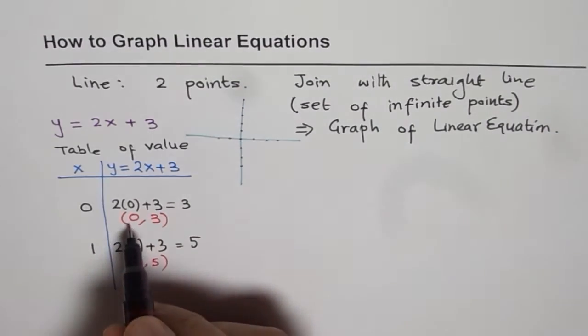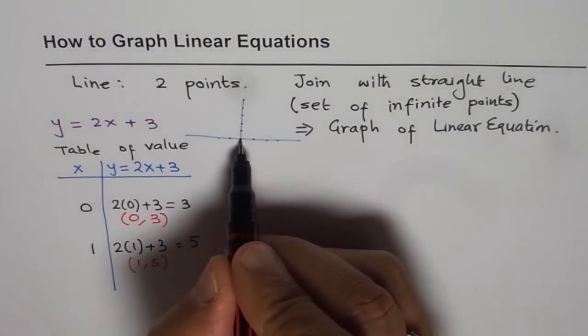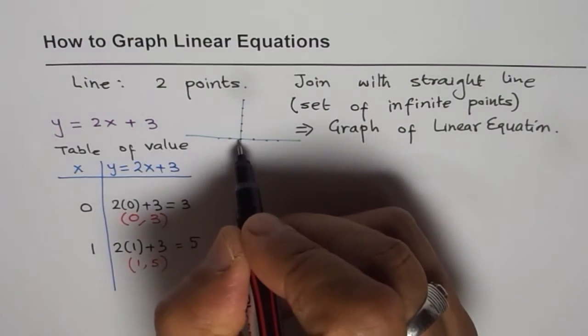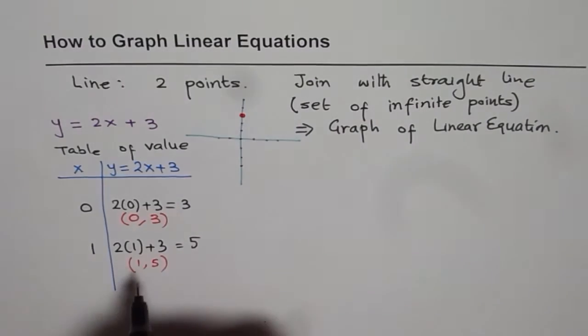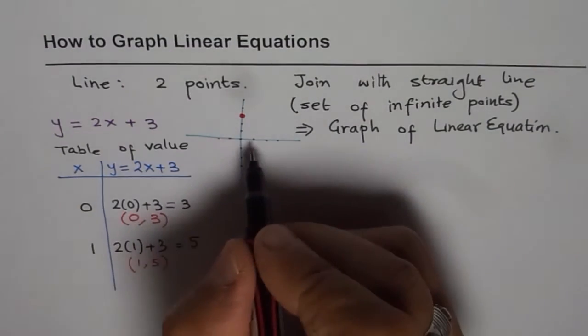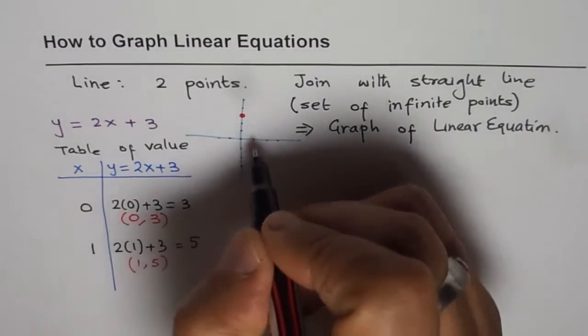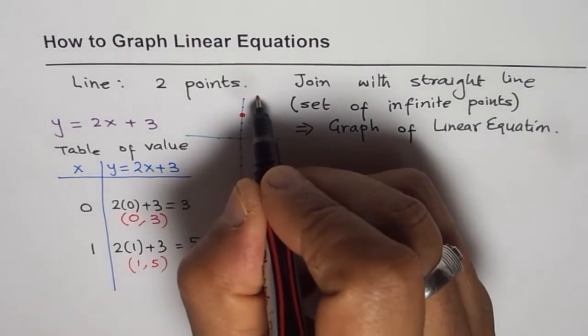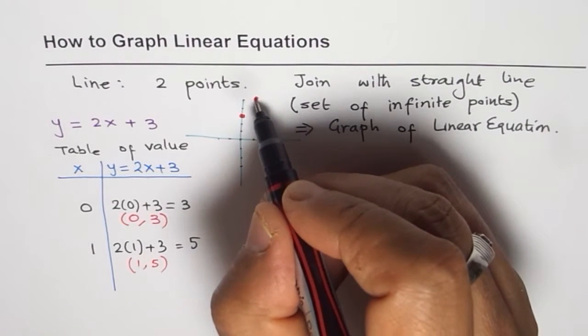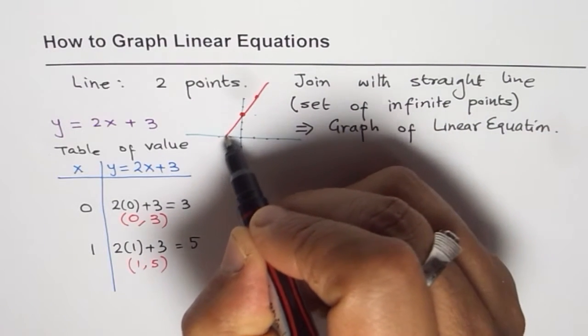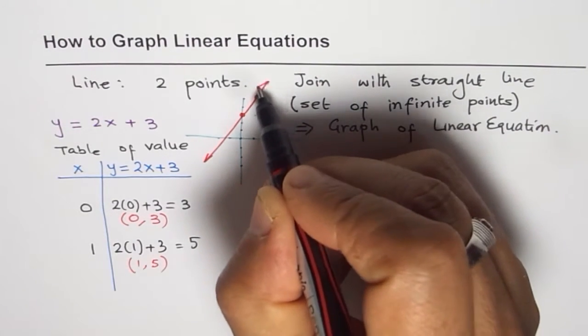Now (0, 3) means the x value is 0, the y value is 3. 0, 1, 2, 3 is the y value. So we get the first point. The second point is (1, 5). The x value is 1, the y value is 5. So it's 3, 4, 5, somewhere there, correct? Once you locate these 2 points, join them with a solid line like this.